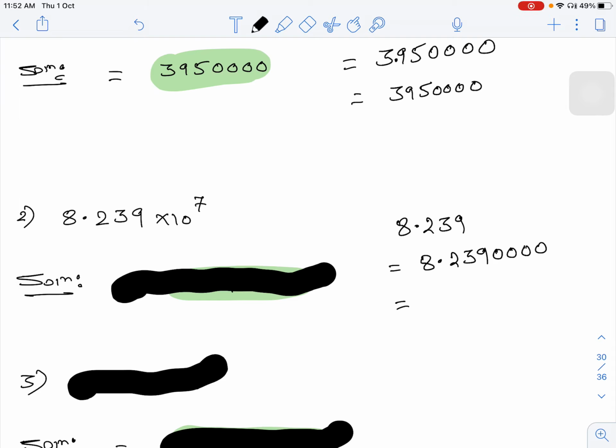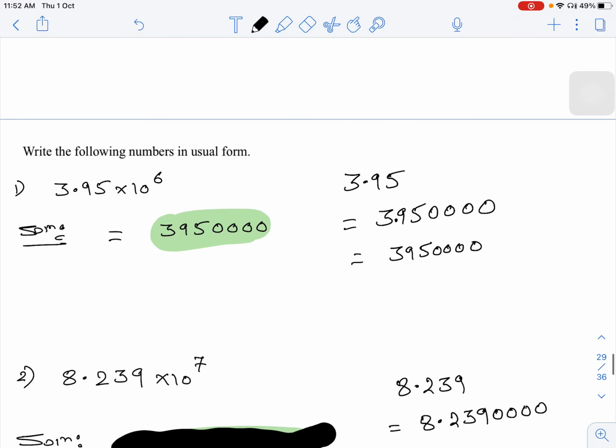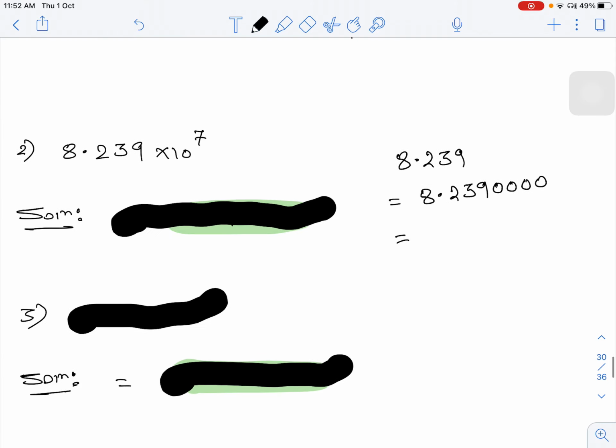Okay, now when you are removing this decimal, let me write one more thing over here. Here it is into 10 raised to 6, here also it is 10 raised to 6, and finally it becomes this one. So here also you have to write into 10 raised to 7, because up till now it is in standard form only, but now we want to remove this 10 raised to 7 so that it will become usual form.